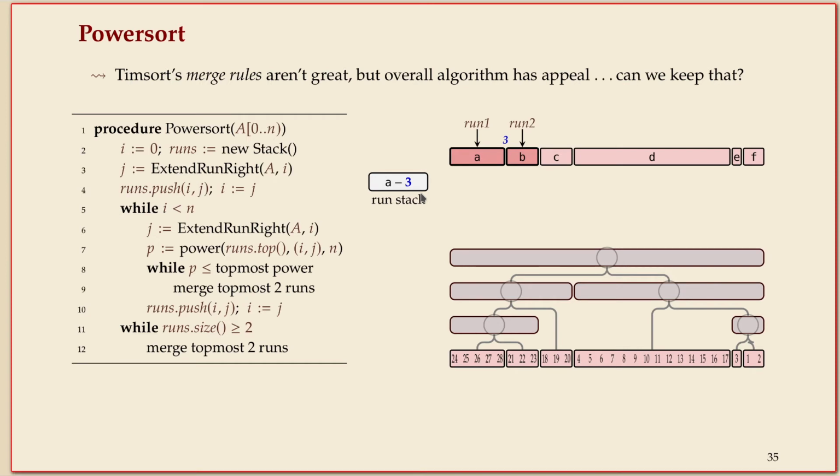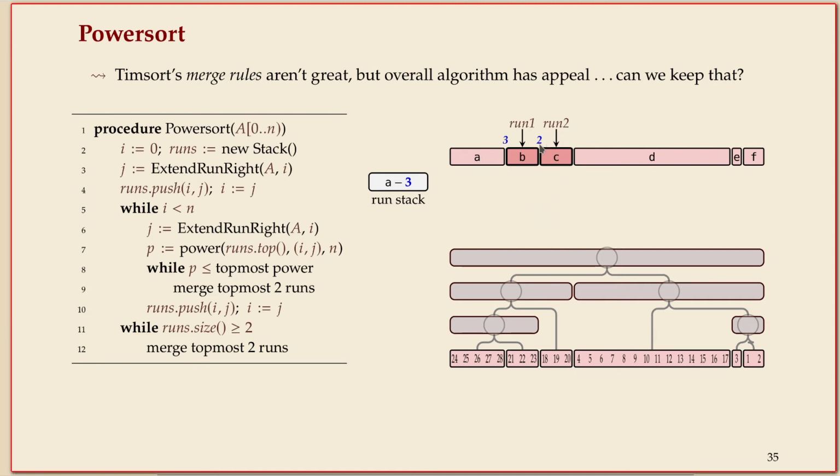And the rule for the stack of runs is it's fine if the stack increases in power. And if not, you have to merge. So that's what that says here. If the new power that you computed is smaller than the topmost on the stack, you have to merge the topmost 2 elements of the stack. Here, we only have a single run, so there can't be a violation. So let's move on to the next one.